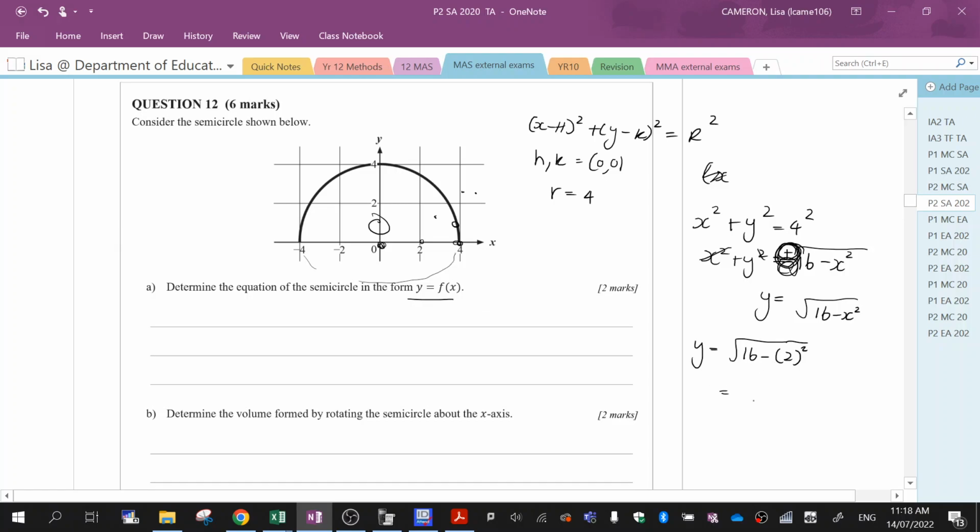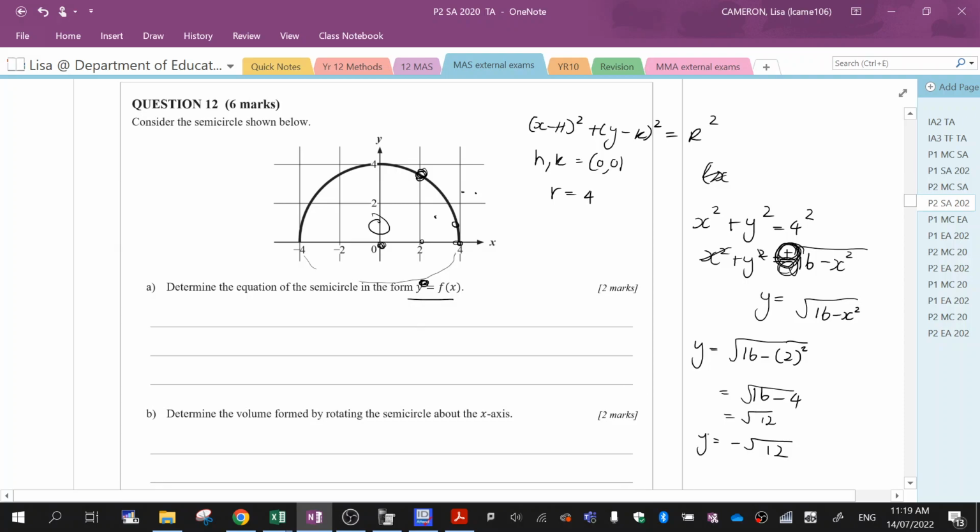In the positive case, that gives me 16 minus 4, which is the square root of 12. In the negative case, I would get negative square root of 12. So that means that I have two solutions. One is here and one is down there.